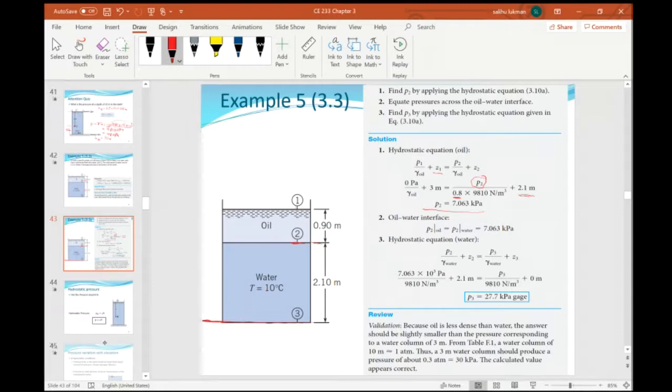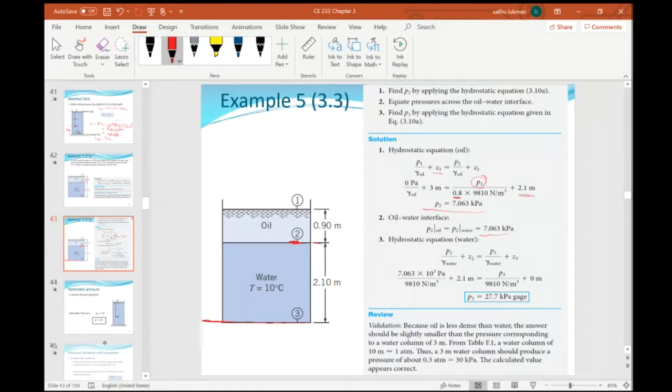And then for the oil-water interface, which is here, we now consider that the pressure for the oil at this interface is the same as the pressure for the water at this interface, 7 kilopascal. Now the hydrostatic equation to find P3: we apply the same formula, the same piezometric pressure.